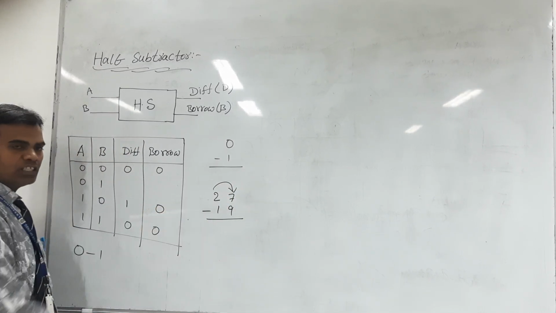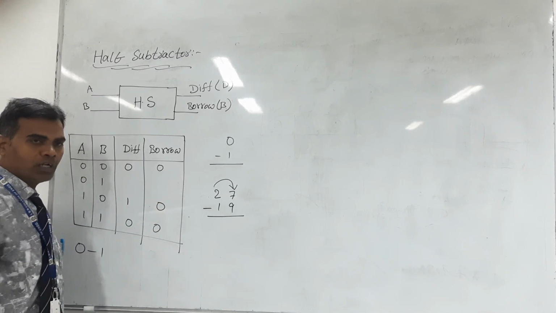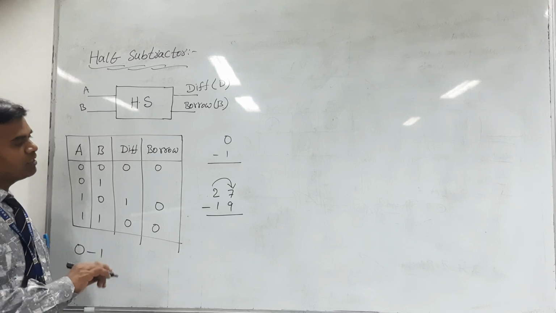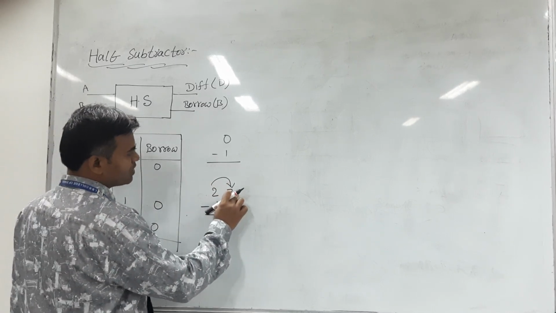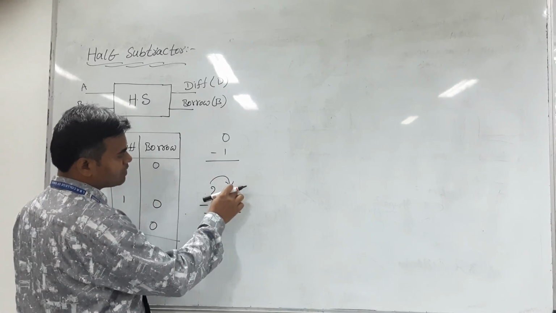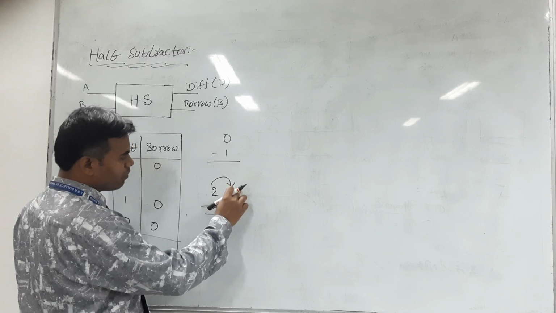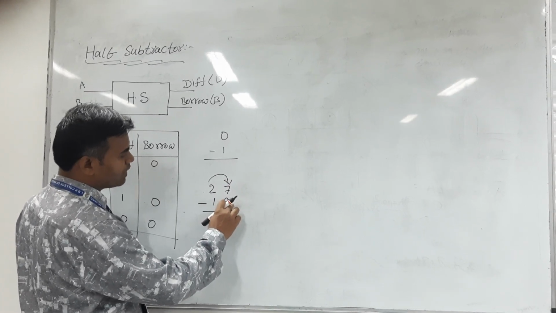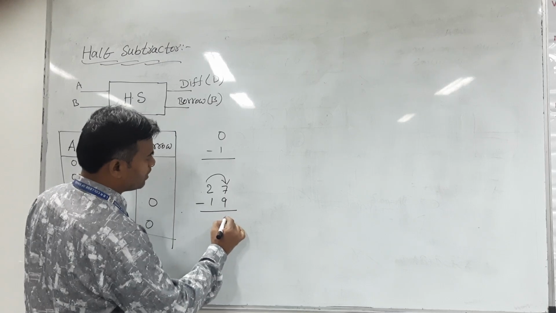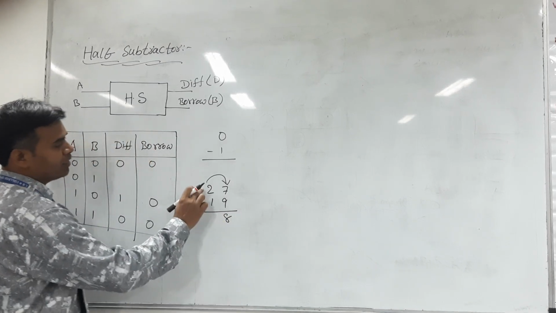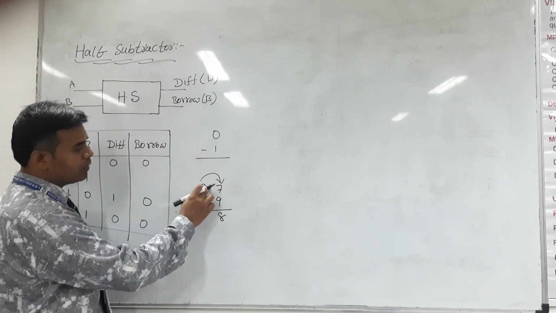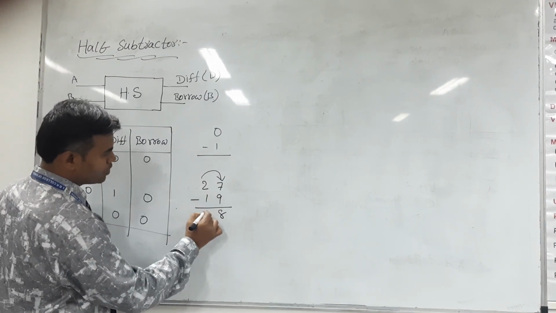In decimal numbers the base value is 10. So the resultant value is 10 plus 7, 17. 17 minus 9 is 8. Here we took a borrow from this position, so the remaining value is 1. 1 minus 1 is 0.